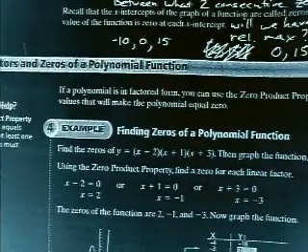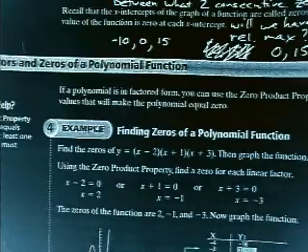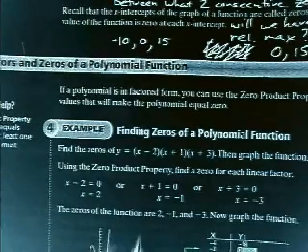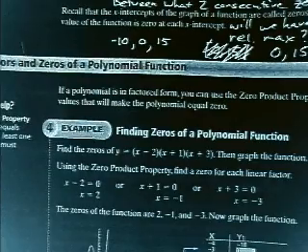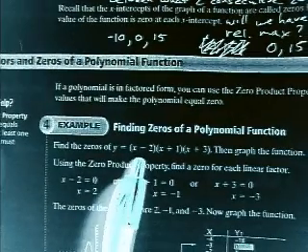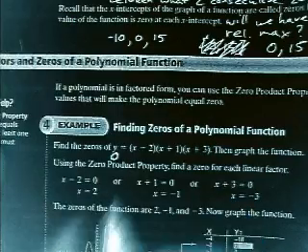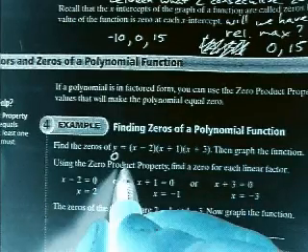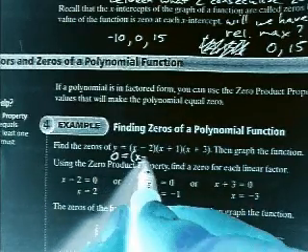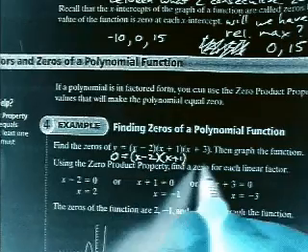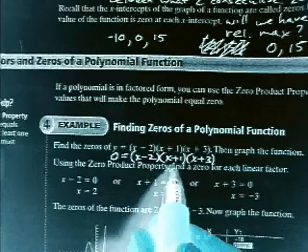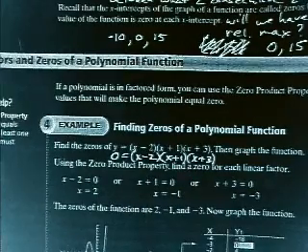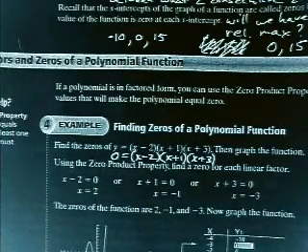Now, as far as the next example is concerned, example 4, you're going to be finding zeros of a polynomial function. Find the zeros, then graph it. So there's two parts to this. Finding the zeros, well, that's easy. That means that the y value is 0. Well, that can only happen if either x minus 2 or x plus 1 or x plus 3, one of those has to be a 0.